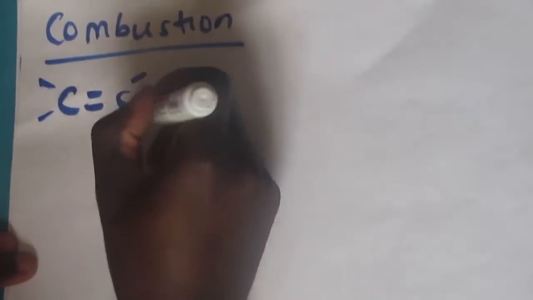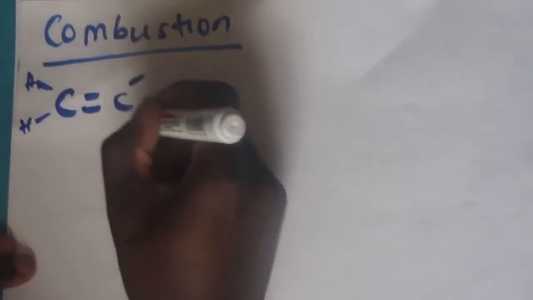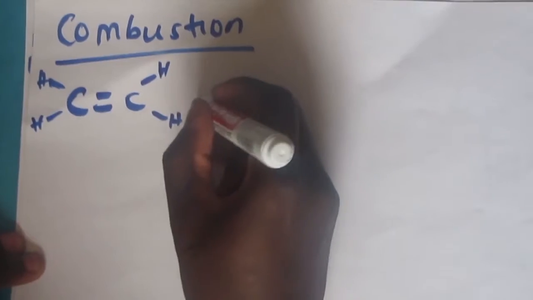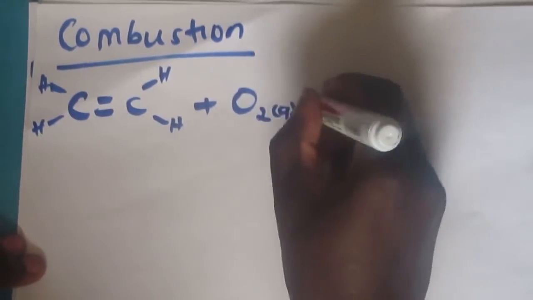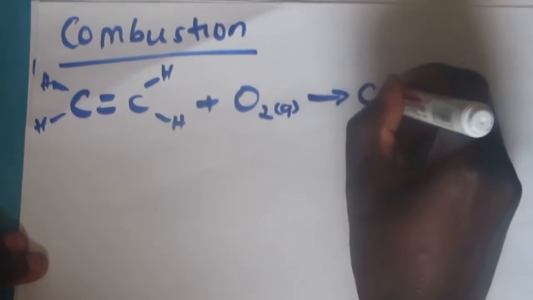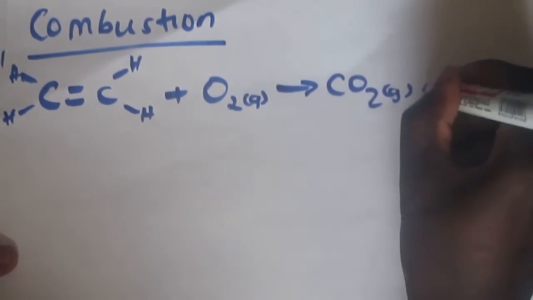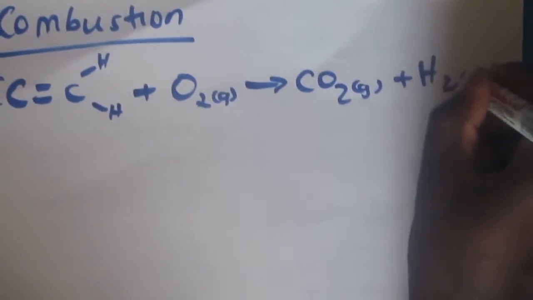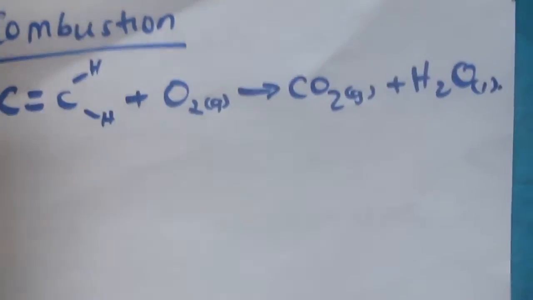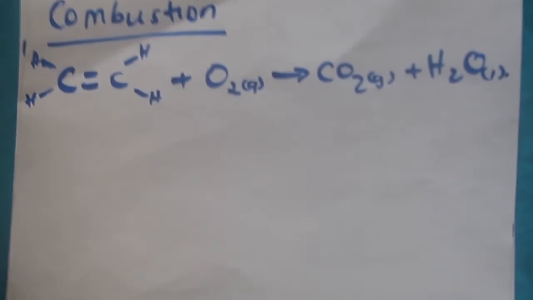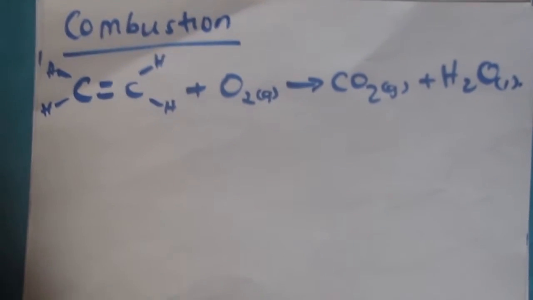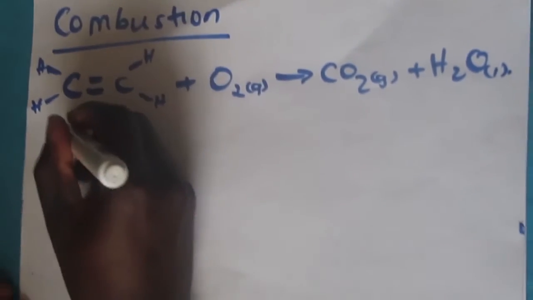So, let us see. If we have a compound like ethene, then we react it with oxygen gas, we will get carbon dioxide gas plus water, liquid. These are the only products that are obtained when you react an alkene, this is ethene, with oxygen gas.